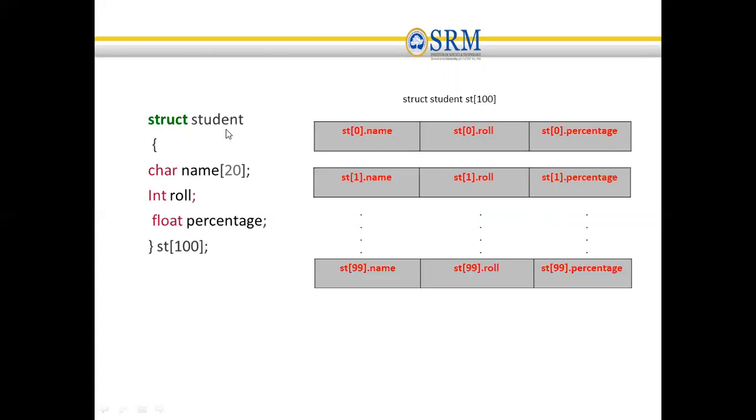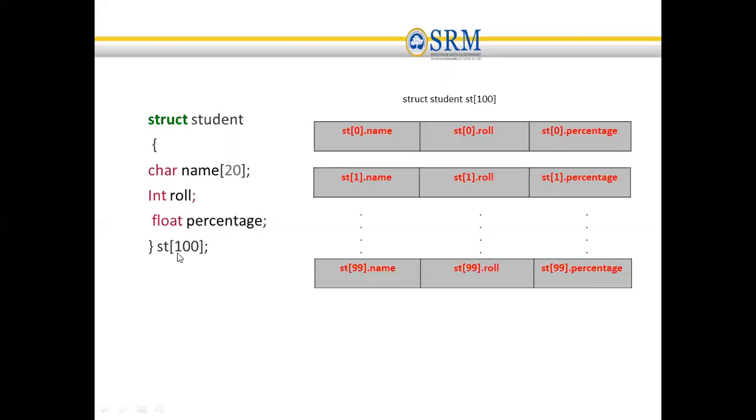I'm going to call it student. So this student is my own structure. Structure is nothing but a user defined data type. I had defined my own data type called student, and I wanted to make 100 instances of this particular data type.